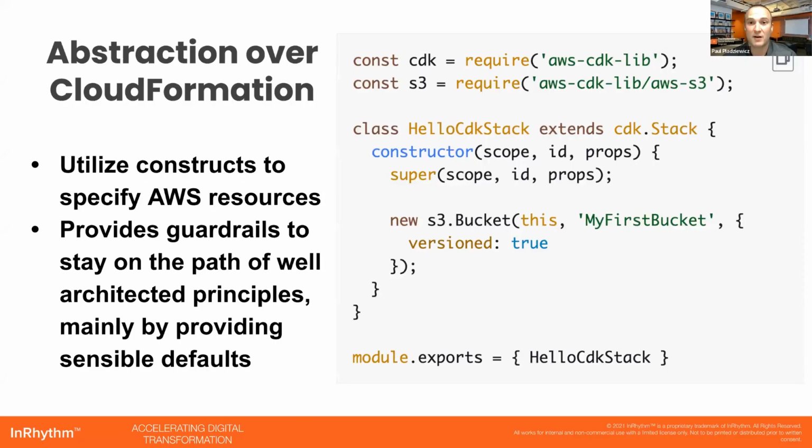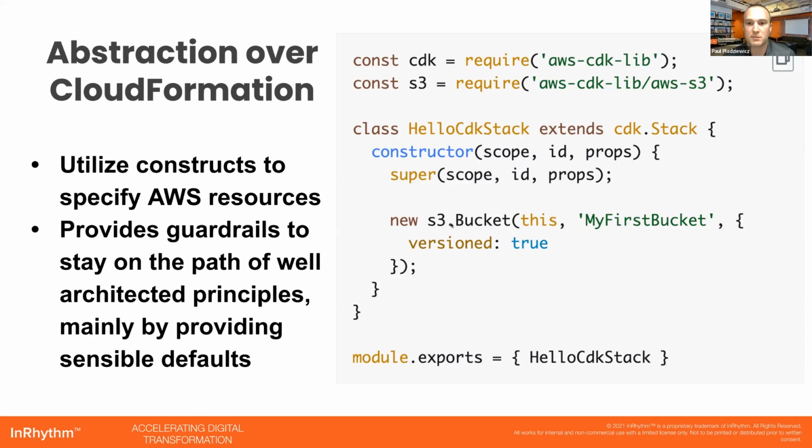So this is what the JavaScript version looks like. You'll have a stack which represents a deployable unit of AWS resources, just like within CloudFormation, the idea of a stack. But you'll utilize constructs. This is where the object-oriented way of defining resources comes into play.